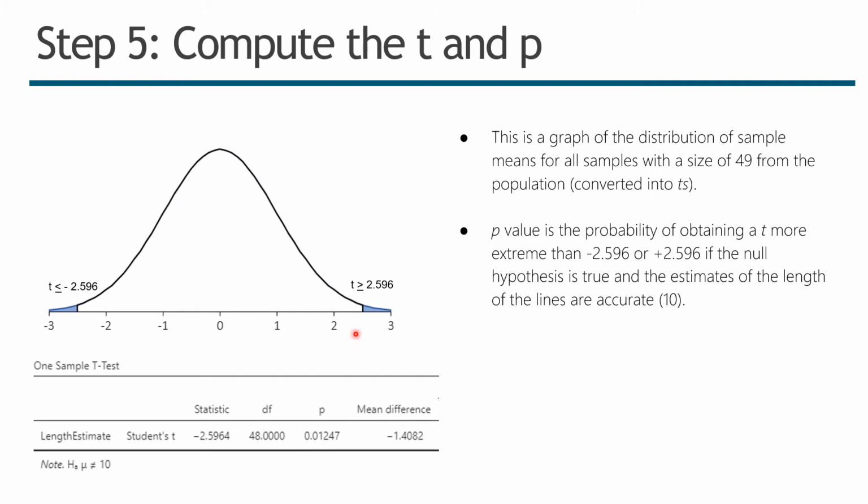So this gives you some hints as to why we call it a two-tailed test here, is because we're shading in both sides of the distribution. I know we computed a negative 2.596, but what we're interested in is the likelihood of getting an outcome that extreme if the null hypothesis is true. And this suggests that this is a very unlikely outcome if the null is true, to just randomly pull a sample of 49 people and get a t out in one of these tails.